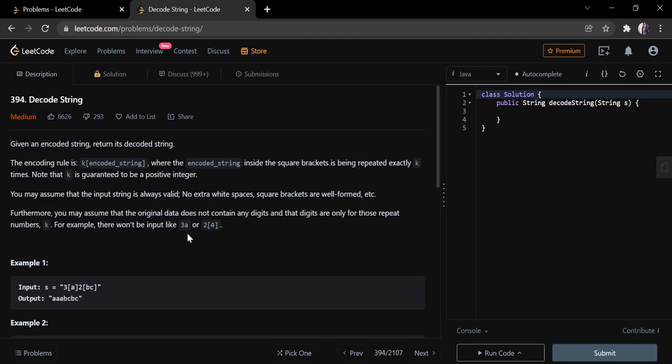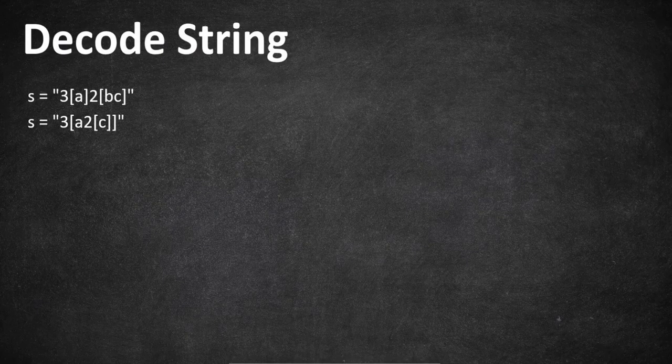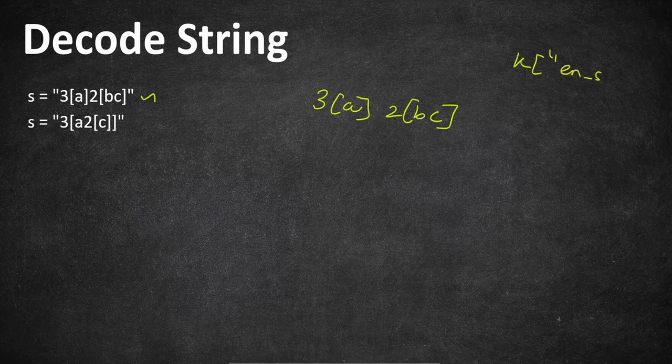So let's understand this with an example. Here are the given examples in the problem statement. Let's consider the first example. The string given here is 3 in braces A and then 2 in braces BC. As I said, if a string is given in the form of k and an encoded string, then this string must be multiplied k times.